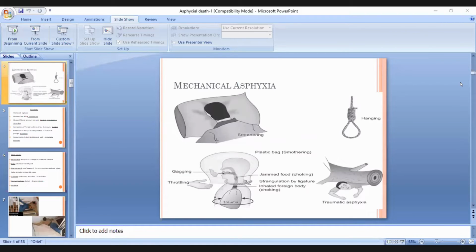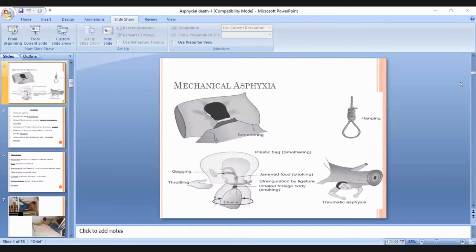Okay, and when you go inside, if there is any kind of obstruction by foreign body or food or anything, then that causes choking. And go a little downwards again. If there is any kind of ligature material around the neck, which can be either by hanging or by strangulation, then that also causes asphyxia.